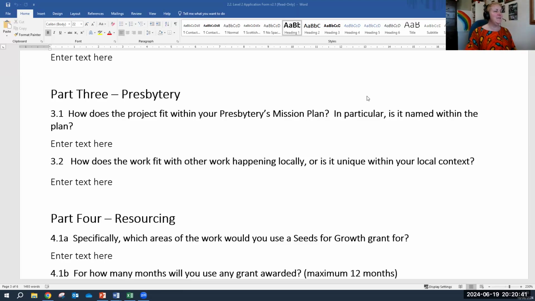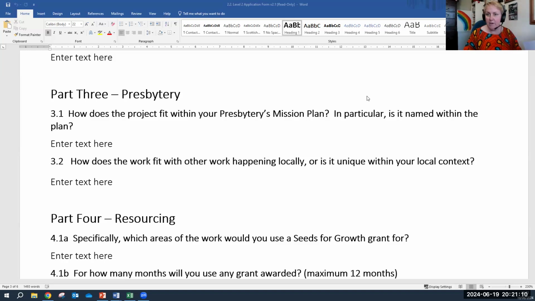Part 3, presbytery. Does it fit in with your presbytery mission plan? We just need to know. That's all. Does it fit in with work that is happening locally, or is it unique within your context? Oh well, sorry, that's 3.2. We're aware of the fact that your presbytery might not be at a stage in its life in terms of its presbytery plan where your project has been specifically named.